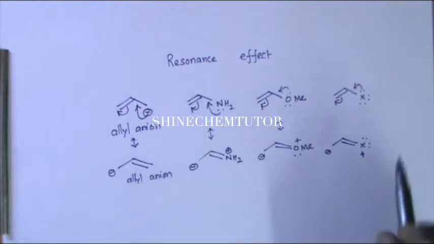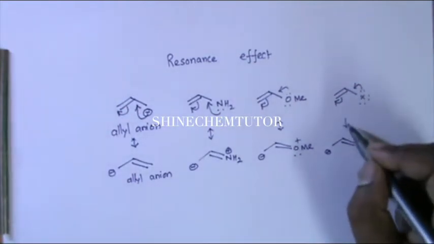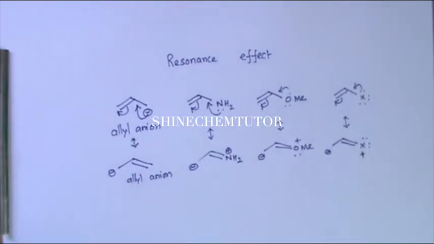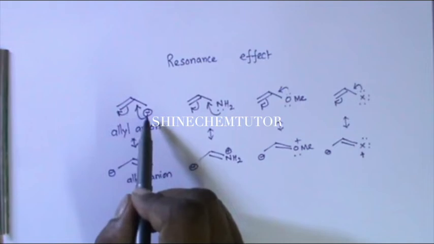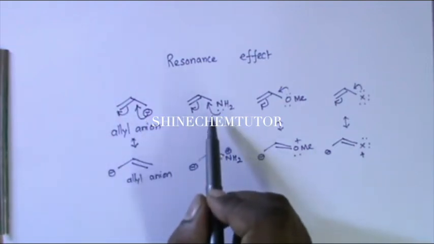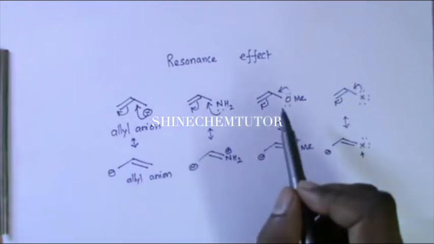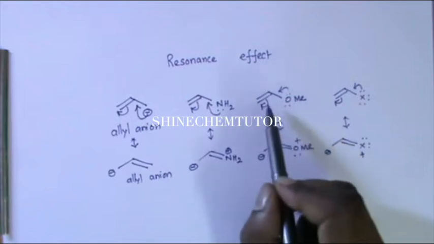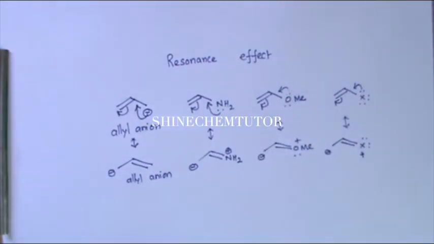So because of that, the magnitude of this resonance will be somewhat less compared to this species. So the resonance will be more in the case of allyl anion, then somewhat less in the vinyl amine, sorry, it is vinyl amine, and it will be lesser in methyl vinyl ether, and it will be negligible in the case of vinyl chloride.